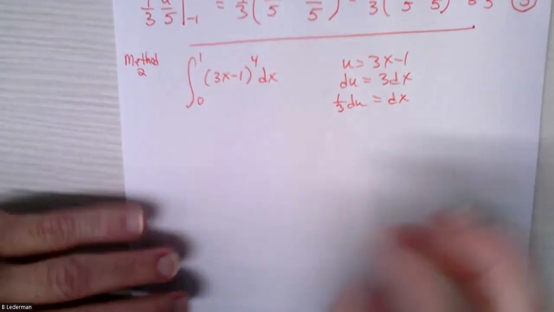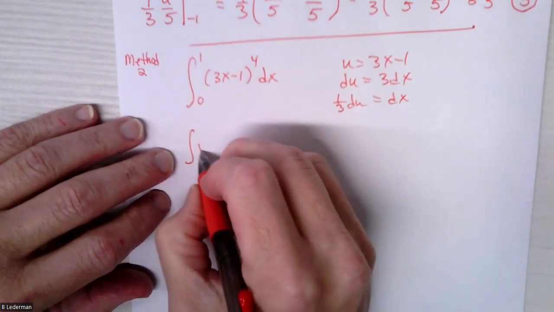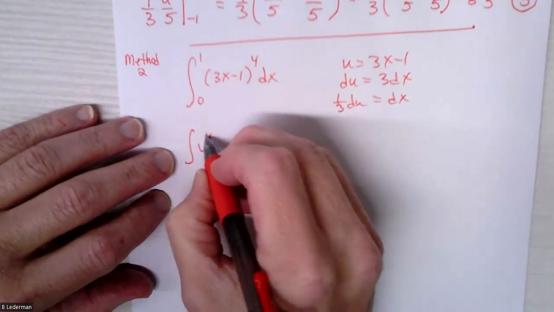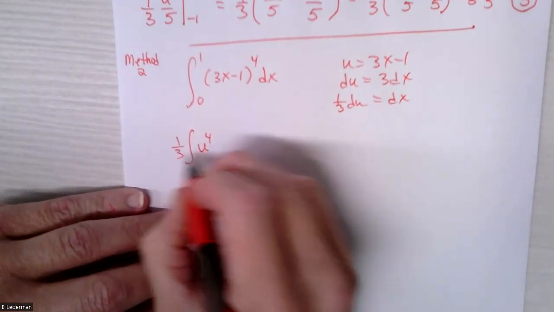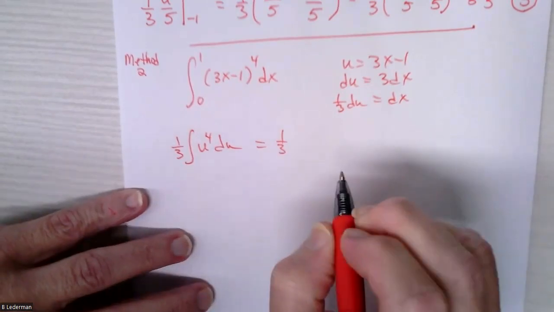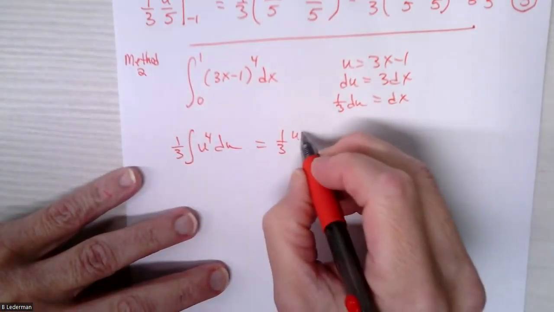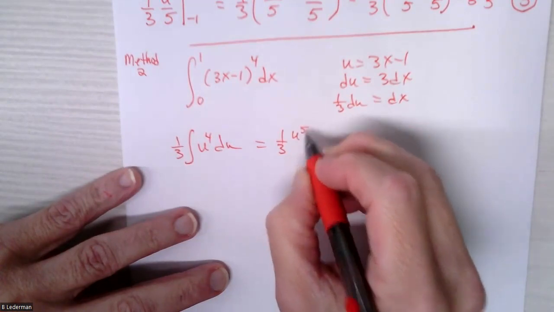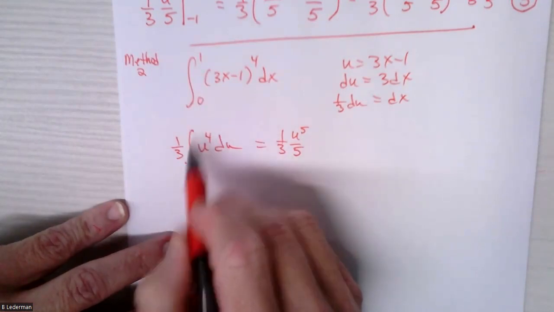And this becomes the integral of u to the fourth times 1/3 du, which is equal to 1/3 u to the fifth over 5. Now notice I haven't written any numbers here.